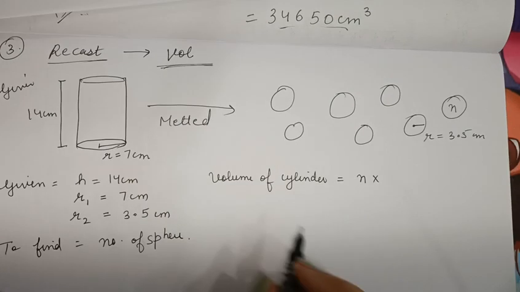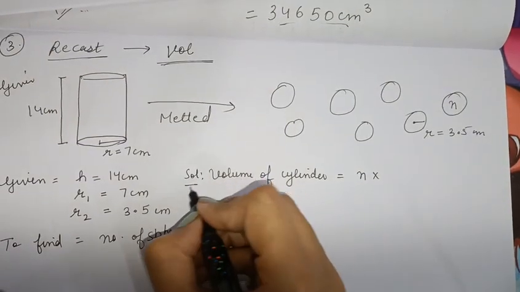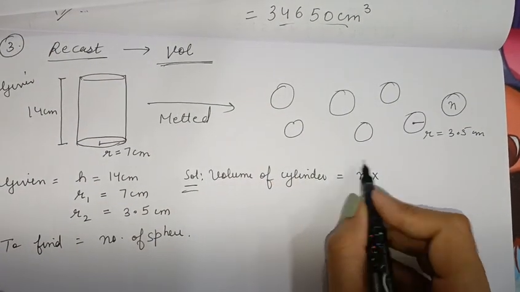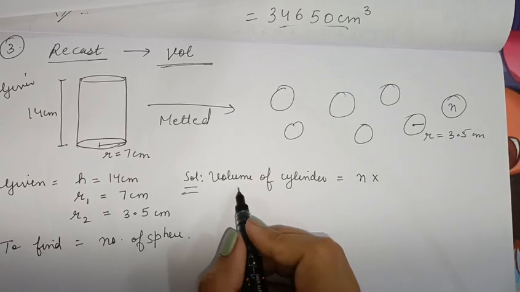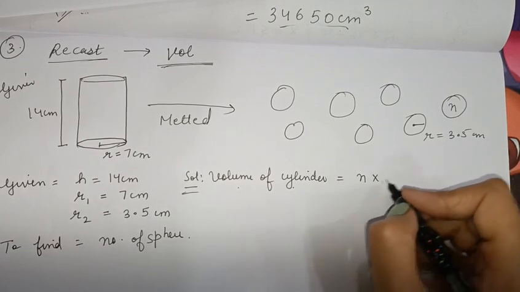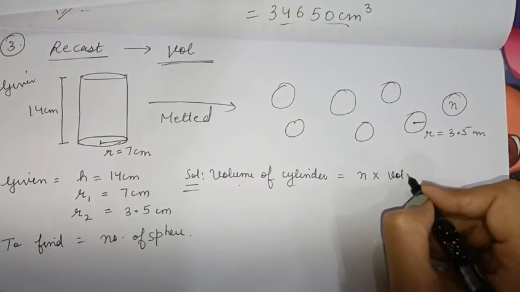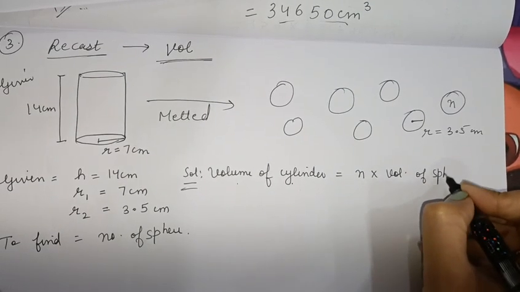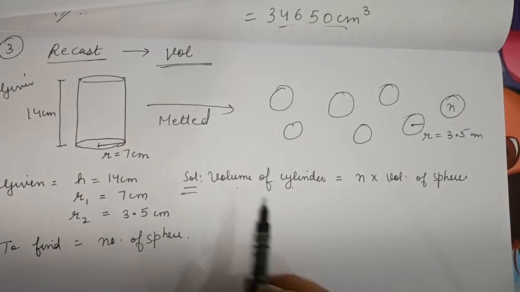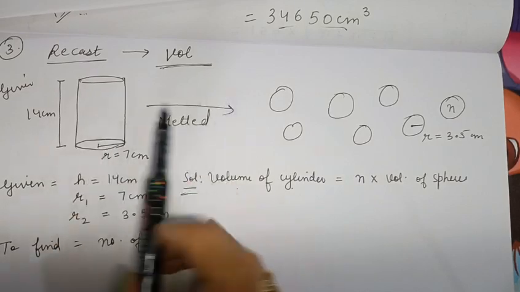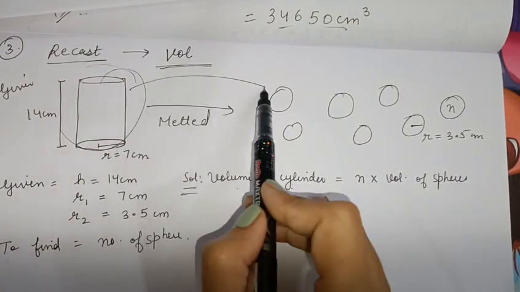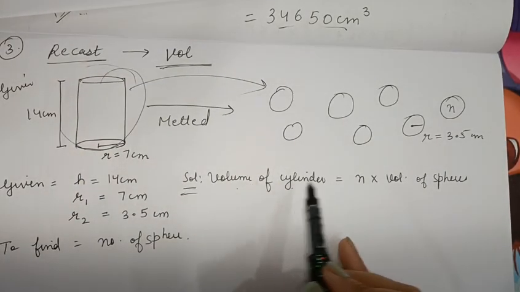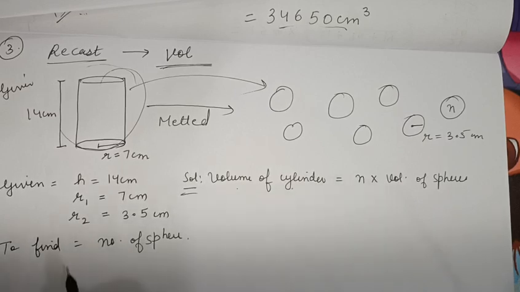So what we will do, we will assume the number of spheres as n. So volume of cylinder is equal to n into volume of sphere, because both the volumes are equal, because of recasting, because the same material is utilized here also. So we are just equating like this.